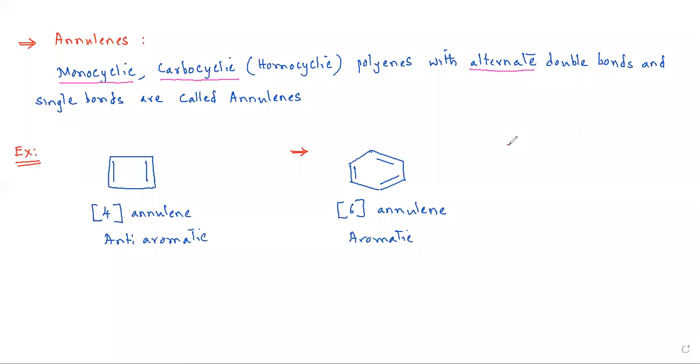Now, if you consider cyclooctatetraene, what do we call this? It's called 8-annulene. Now, 8-annulene, of course, is anti-aromatic. Okay, so 4, 6, and 8-annulene.